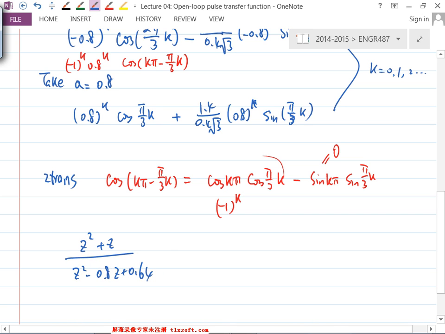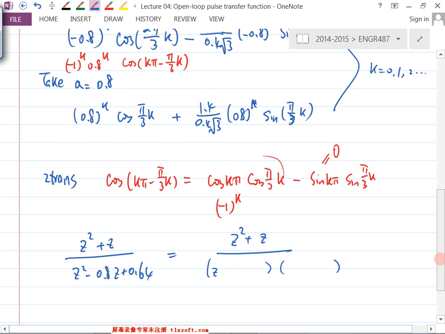What we do is write the denominator into two parts: the first part is z minus the first pole, and the second part is z minus the second pole.